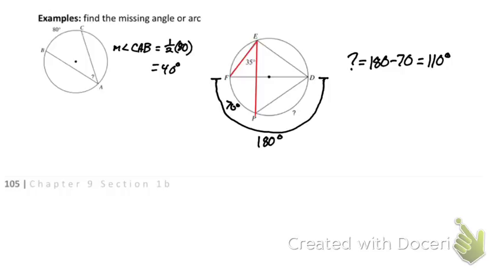Questions on that one? Yeah. So could we say that the inscribed angle of D also equals 35, like the bottom half of it, like F, D, P?